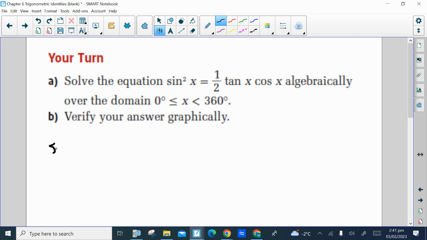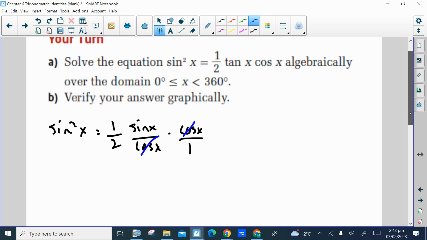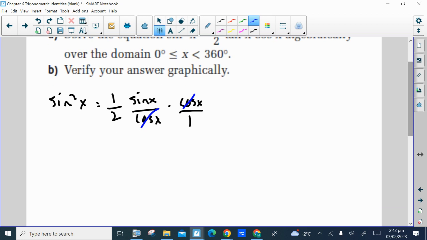So what I would do here is I would change the tan x to sine x over cos x. And that's multiplied by cos x or cos x over 1. I can divide top and bottom by cosine x. And they cancel, so all I have left on the right side is 1/2 sine x.